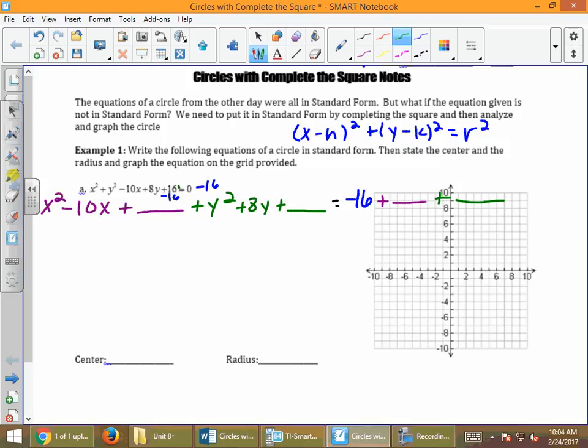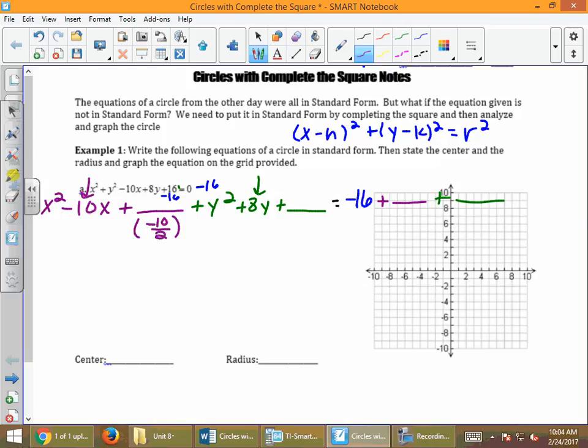Your next step, after you organize this, is to take the middle term of each group. I like to think of it as the number paired with just the x, and the number paired with just the y, so that middle number. You're then going to divide that middle number by 2, and it's super important that you carry the sign.